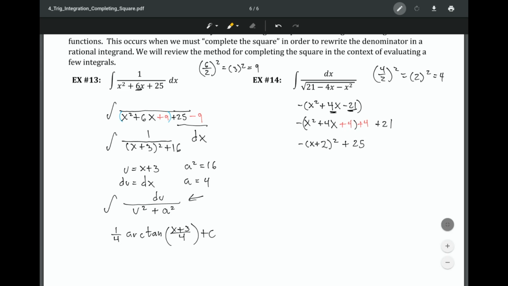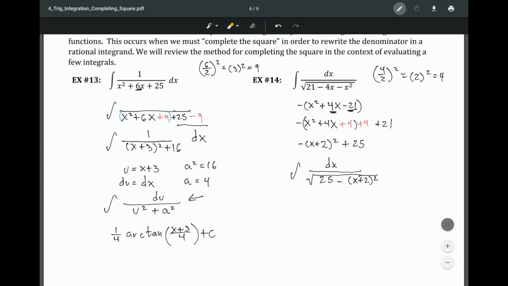All right, so what I'm going to do now is rewrite this as 25 minus x plus 2 squared, dx. Okay, so that's what I got right now.